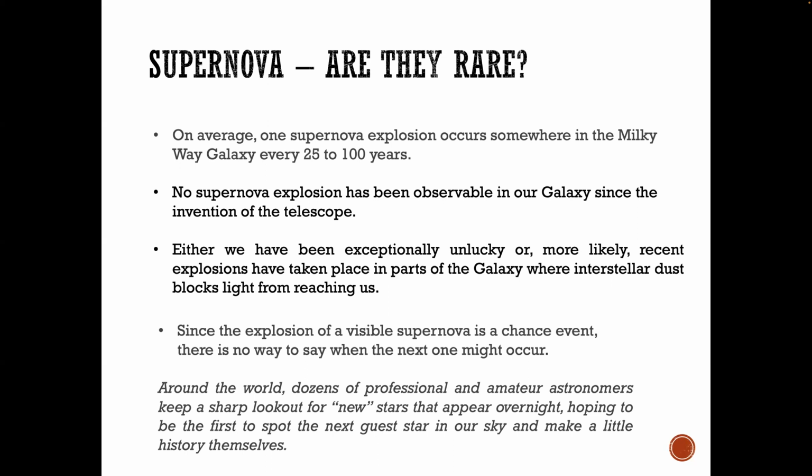Maybe we are exceptionally unlucky, or we have recent explosions in the galaxy that we cannot observe due to the interstellar dust that blocks the light, right? And also these explosions are very chance events. Because of that, there is no way to say when the next one might occur, right? So we don't know when the next one might occur.